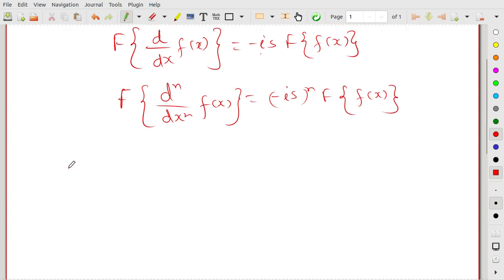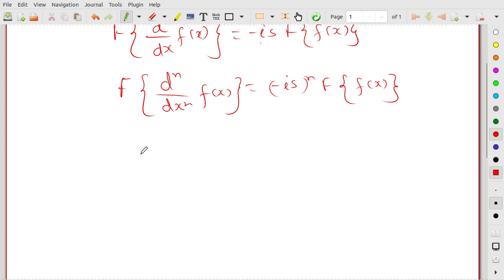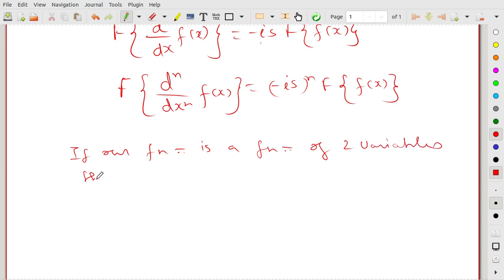Suppose our function f of x is a function of two variables. Suppose I call this u instead of f of x, and u is a function of x and t.